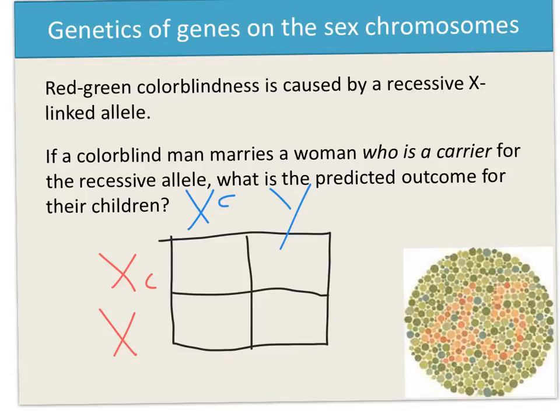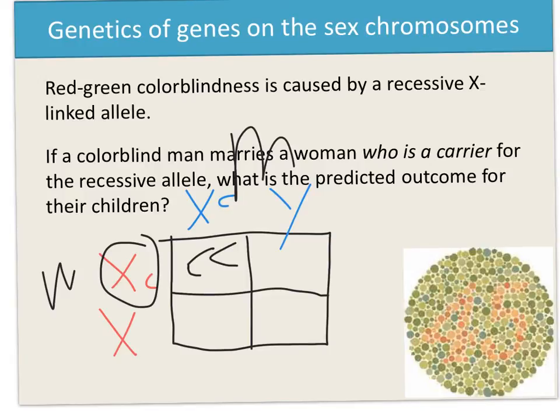Okay, so first of all, in the upper left quadrant, we have an X with color blindness for the woman. And the man also has a colorblind X, so we have X^C X^C, and this is actually a female who's going to be colorblind.